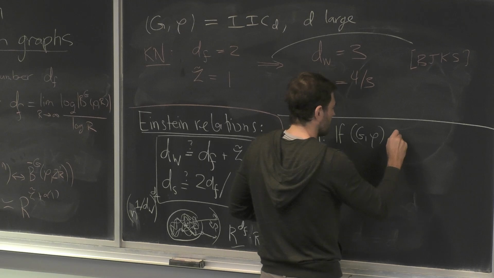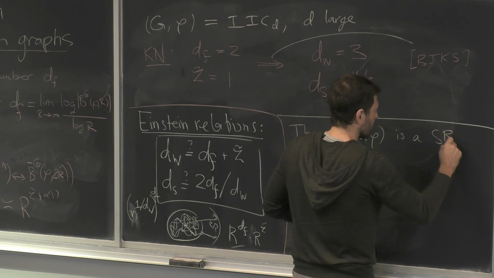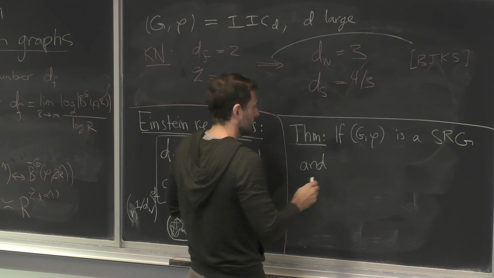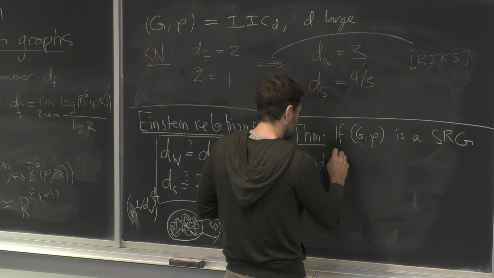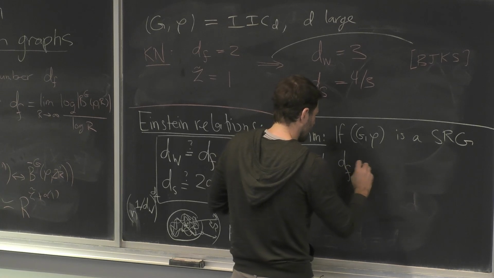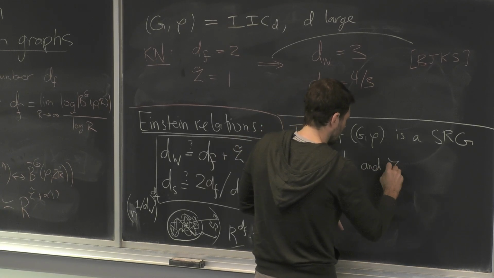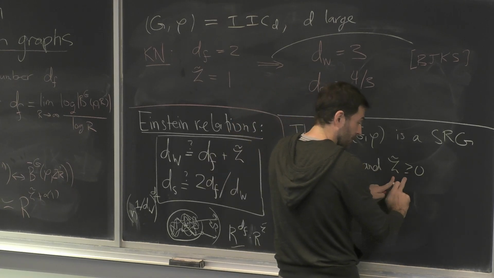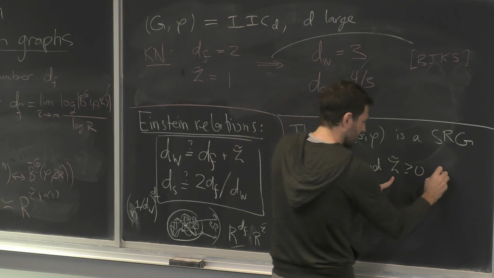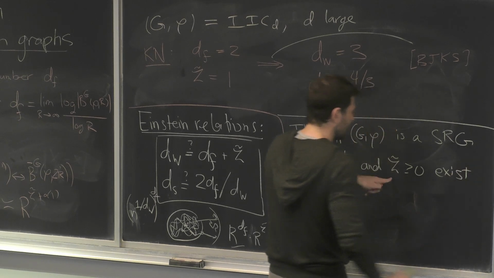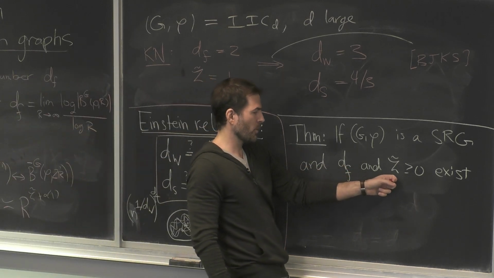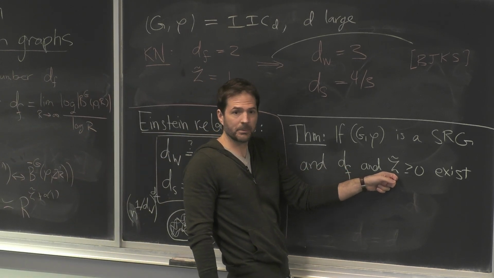If G is a stationary random graph, and df and the resistance exponent, this is okay. If those two things exist, in the sense that these limits exist, and moreover that this resistance exponent is non-negative.